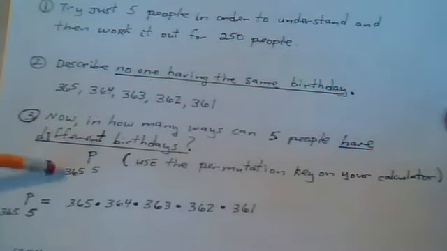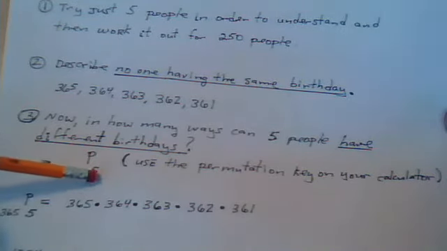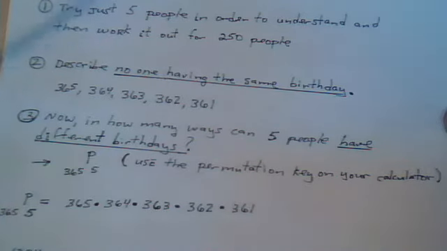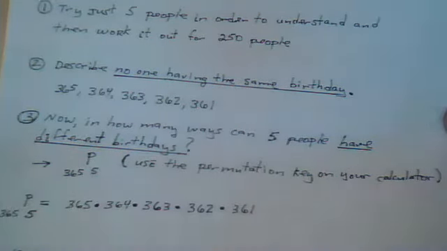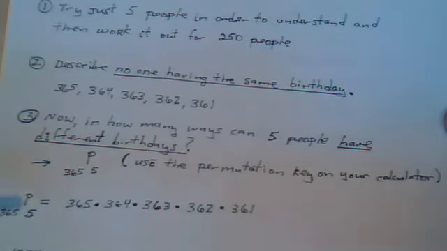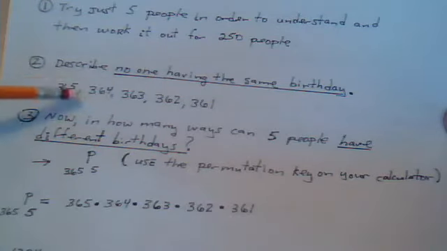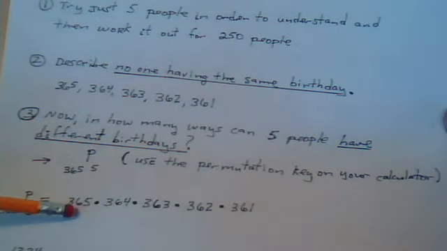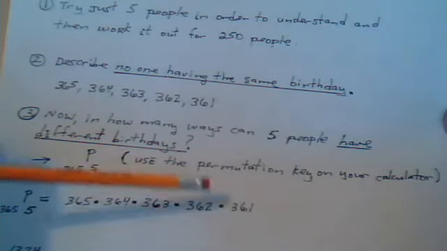So you could do it this way: 365 days, and how many ways can you arrange them such that the 5 days for the 5 birthdays are different. Or this also means, and gets closer to our first description up here, it's 365 times 364 times 363 times 362 times 361.